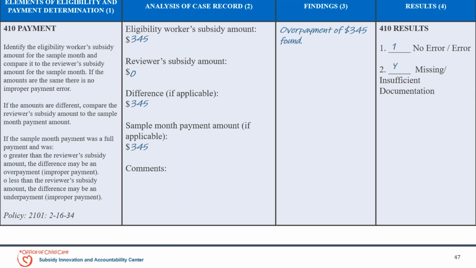There was an error, and it was due to missing documentation. Oh, I did have comments here. Sorry, just had my animation in the wrong order. So yeah, I've noted that there was an improper payment error due to that missing application.